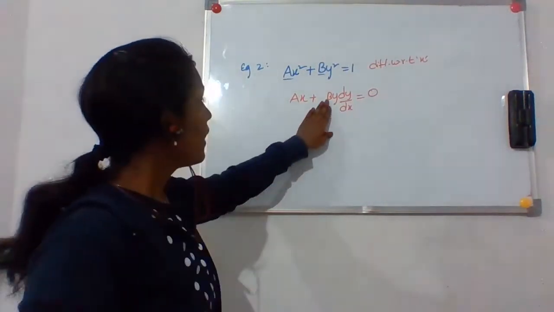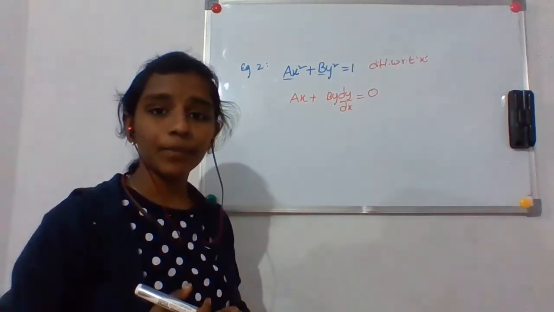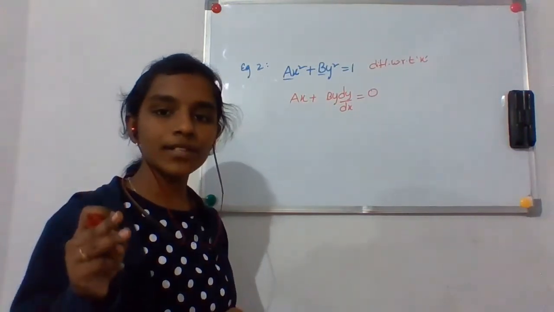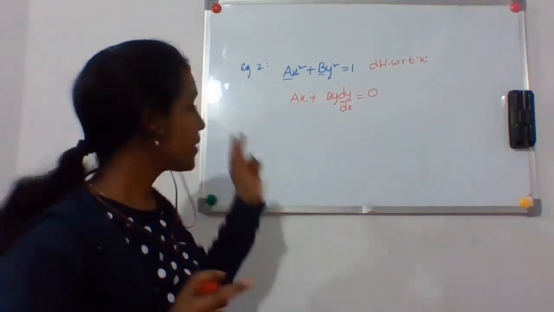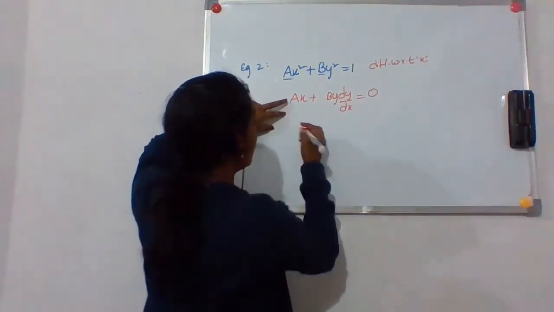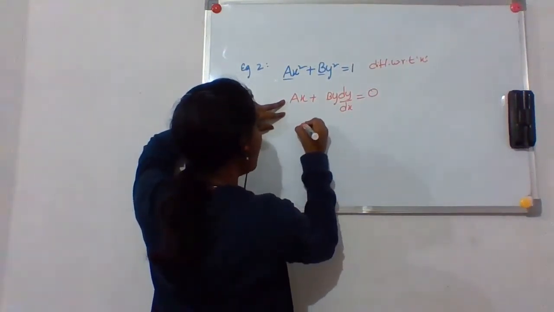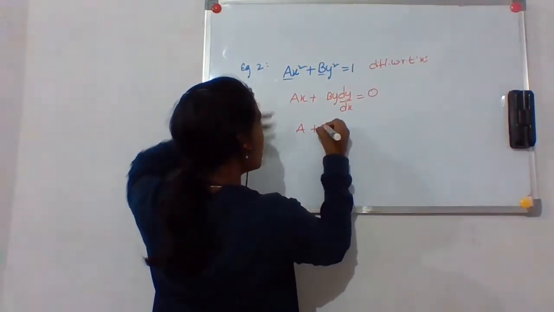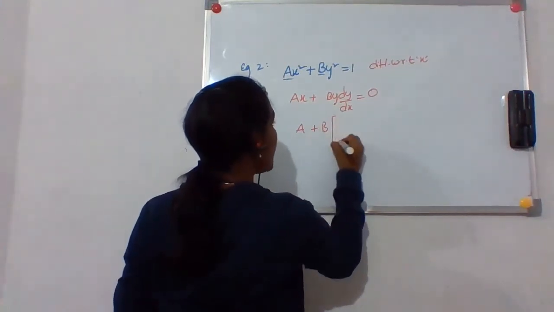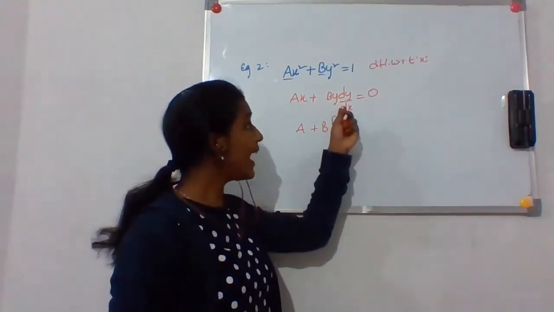And now, I have to differentiate it the second time. Why? Because I have two arbitrary constants, so I have to differentiate twice. So now let me differentiate the other time. What do I get? a plus b into, I will use the UV rule because I have y and dy by dx.